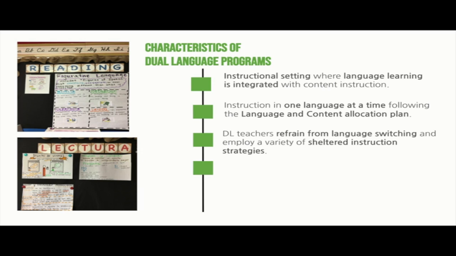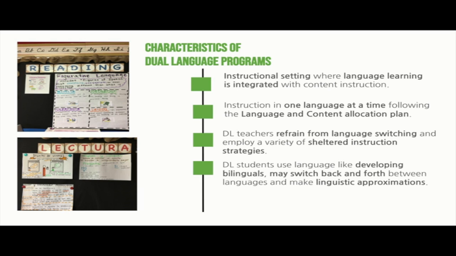Dual language teachers refrain from language switching and translating and employ a variety of sheltered instruction strategies to ensure the content is comprehensible for all students regardless of what language the content is being taught in. And dual language students use language like developing bilinguals, which means they may switch back and forth between languages and they make linguistic approximations as they explore the use of language.